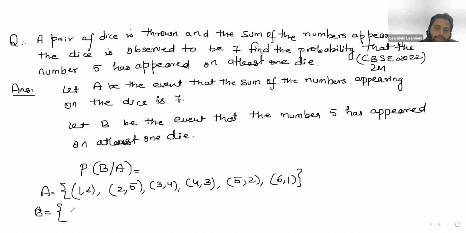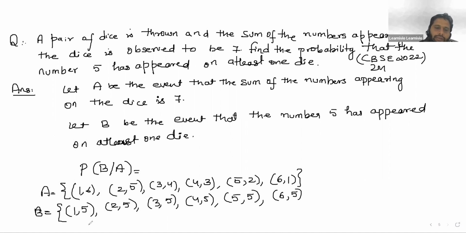So that means (1,5), (2,5), (3,5), (4,5), (5,5), and (6,5). And with 5 first you have more numbers, for example (5,1), (5,2), (5,3), (5,4), (5,5) already done, then (5,6).